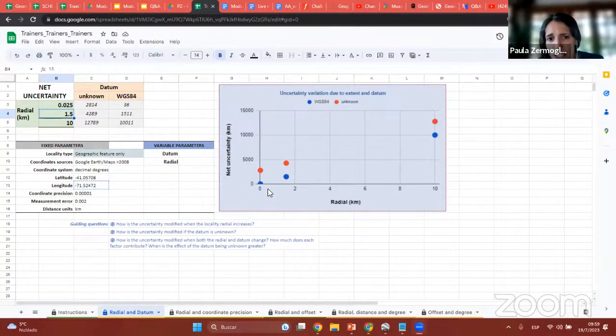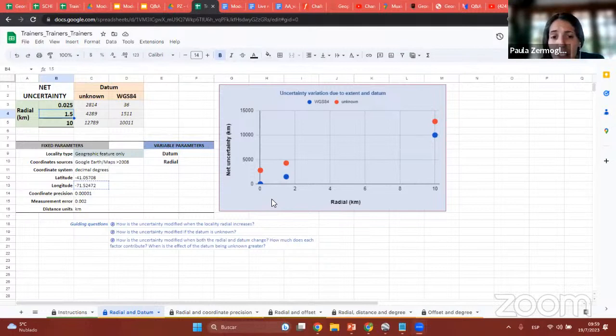The first thing that we see that is pretty obvious is that the larger the radial, so the larger the feature, the bigger it is, the larger the uncertainty that we have. And so, again, if the feature is bigger, the uncertainty is going to be bigger than if the radial is smaller, if the feature is smaller.